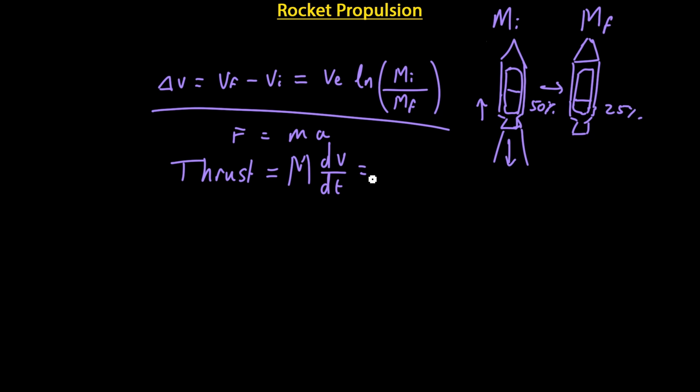But that's also equal to the absolute value of the exhaust velocity multiplied by the burn rate of the rocket, so the change in the mass of the rocket divided by a small change in time. And we've got the absolute value here, which means that this value is always going to be positive. We're always going to have a positive force in the positive y direction. So we're going to learn how to derive that and use that as well.